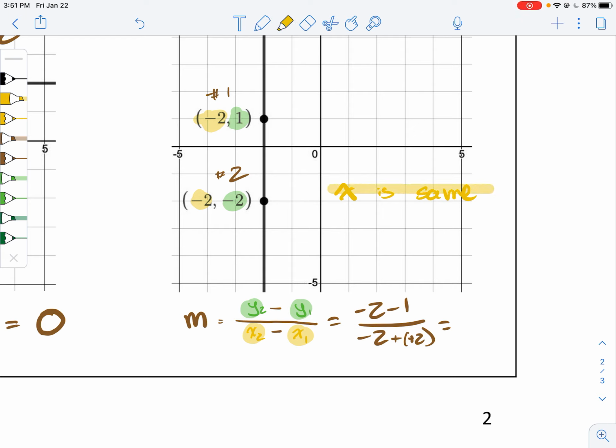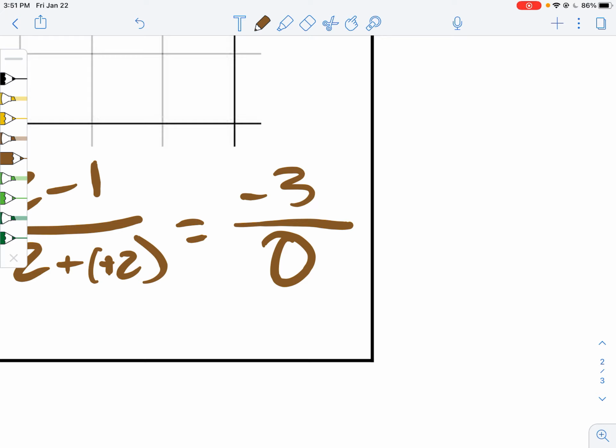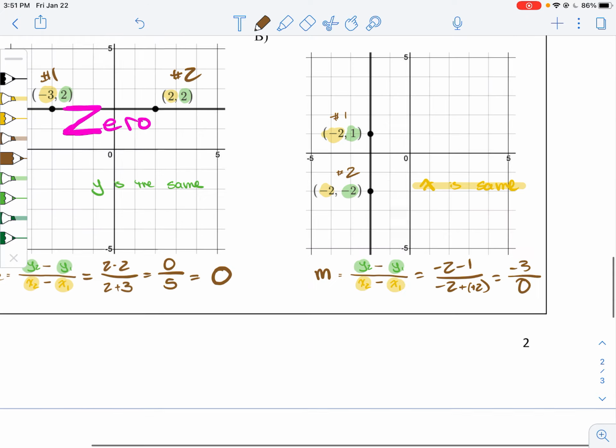Anyway, negative 2 minus 1 is negative 3 all over negative 2 plus 2 is 0. You can't divide by 0. That's against the laws of everything mathematical. Because you can't divide by 0, we don't have a definition for that. We call that undefined. There's no definition for it.